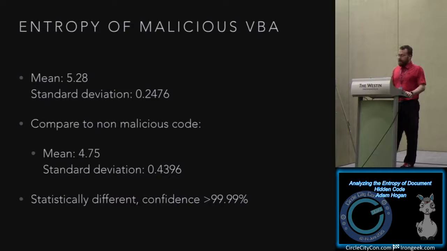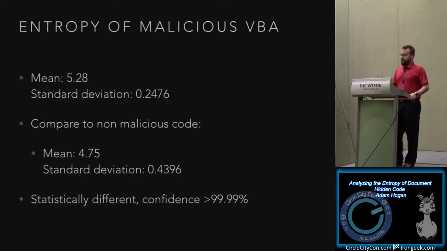When we look at the non-malicious code, the average entropy was 4.75. So there's a fairly significant difference between the entropy of malicious code and non-malicious code. And for the more statistically minded, I was able to run those tests. It is statistically significant if you do a z-test comparing the difference in means of these two series of data, the entropy of malicious code and non-malicious code.